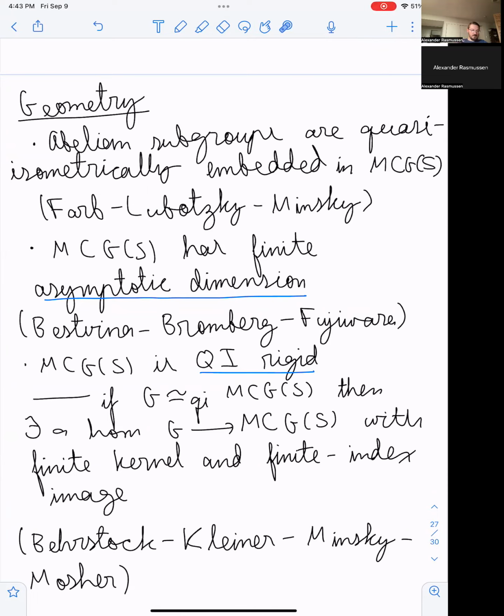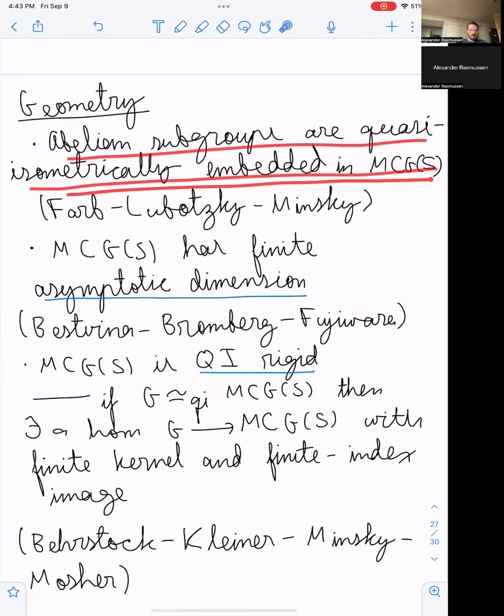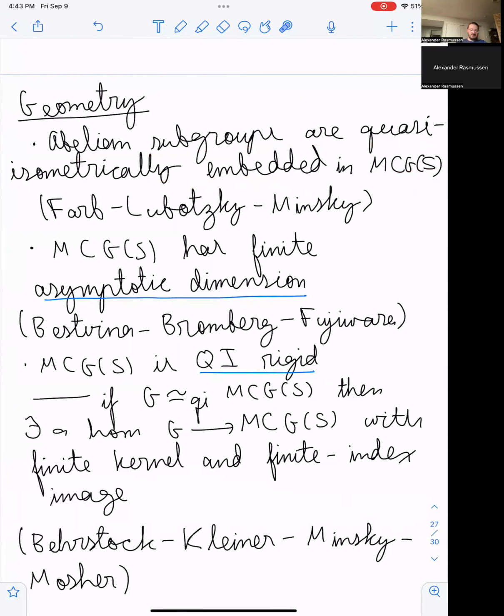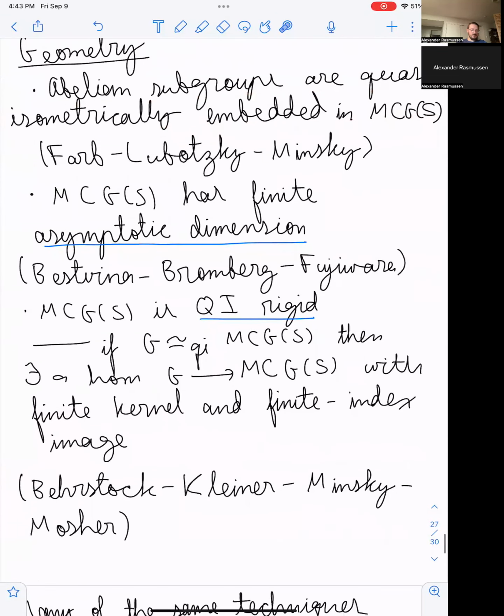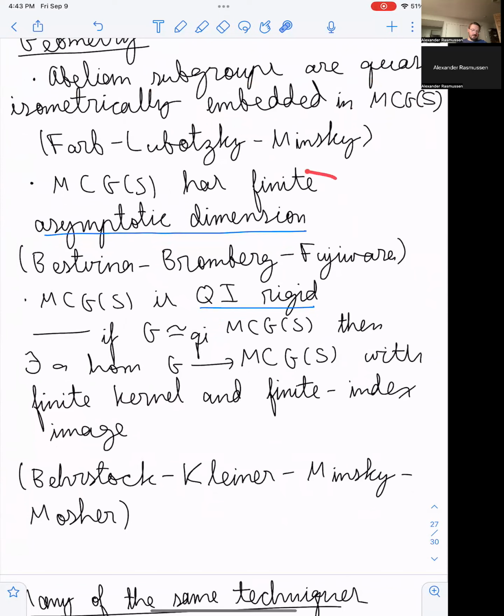So what else do we learn about mapping class groups by studying the curve complex or the curve graph? Well, on the geometric side of things, we can say a lot. Abelian subgroups are going to be quasi-isometrically embedded. This is due to Farb, Lubotzky, and Minsky. Mapping class groups have finite asymptotic dimension.